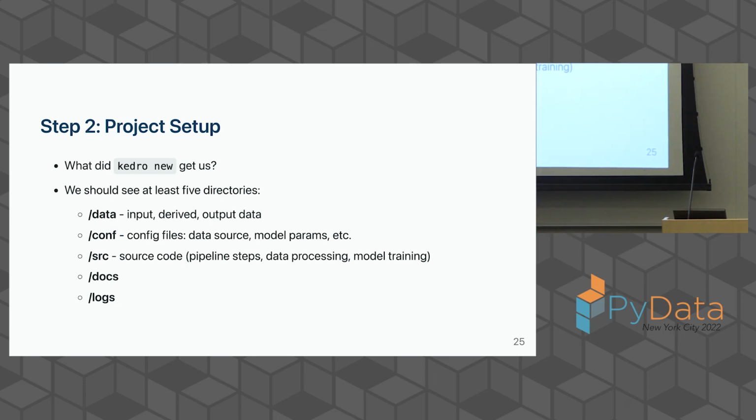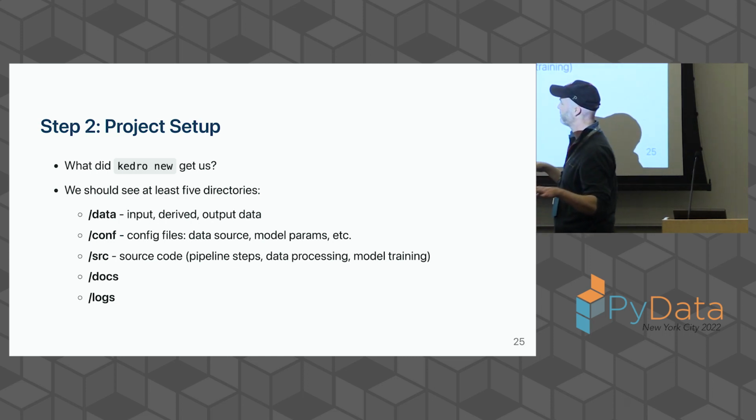Configuration has all the data pointers. It's all YAML based, so they point to the different paths of data that you have for whatever versions you have. And source is where all the code is, and it'll be broken into pipelines and nodes.